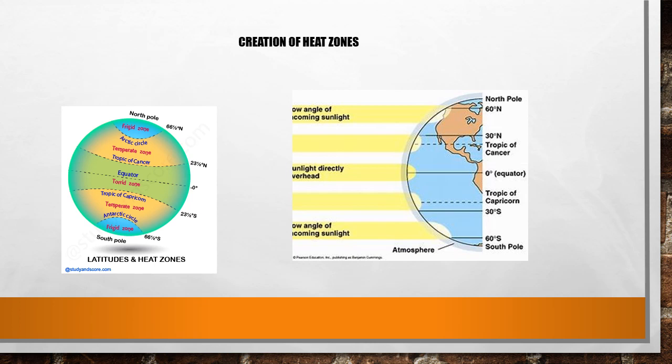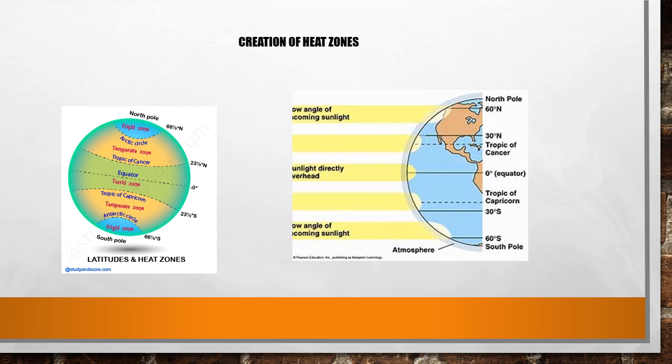The direct rays, as you can see, fall at the equator. Because of the direct rays of the Sun, the equator is the hottest area. So as we move from the equator to the poles, we come across regions with varying temperatures. These are called the temperature zones or the heat zones of the world.